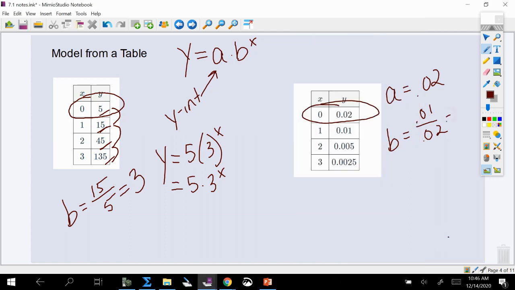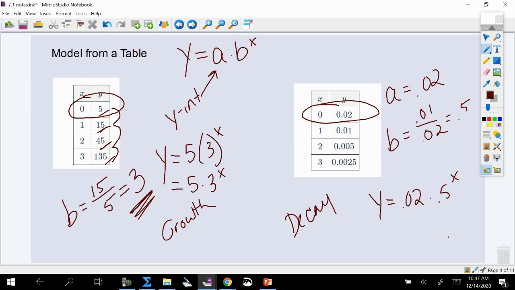So my model would be 0.02 times 0.5 to the x power. If your growth factor or your b value is bigger than 1, your graph should be growing. It should be multiplying. If your b value is less than 1, then your graph should be decaying or dropping. So those are just some basics of what you should know from a table, either to fill in a table or to complete a table on your own.